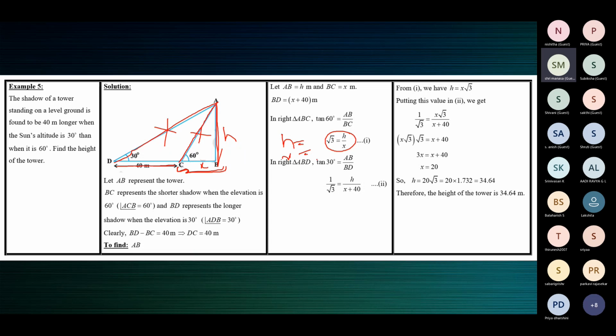Now this one also has H and X. So if you've written H is equal to here, here also you must write H is equal to. Or if you have written X is equal to here, here also you must write X is equal to, and equate both. Equate both and find one value and then find the other value.